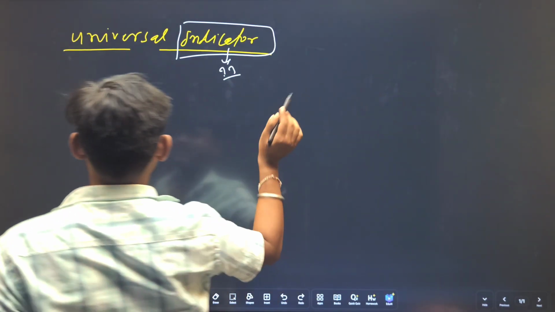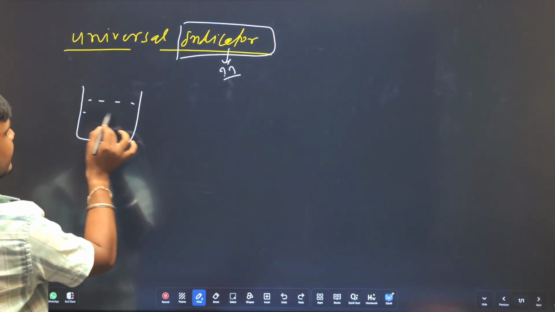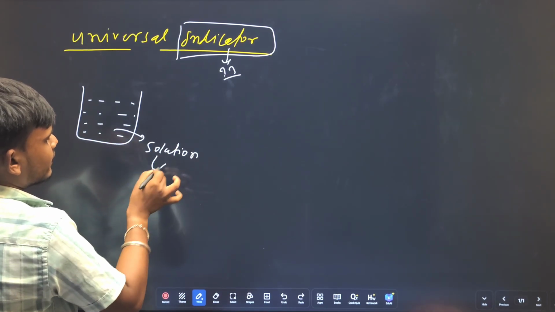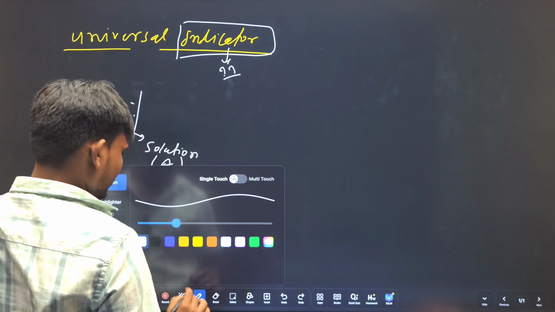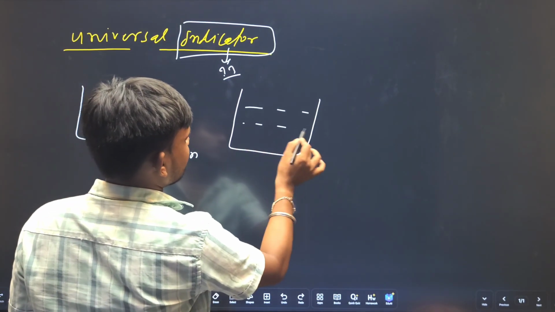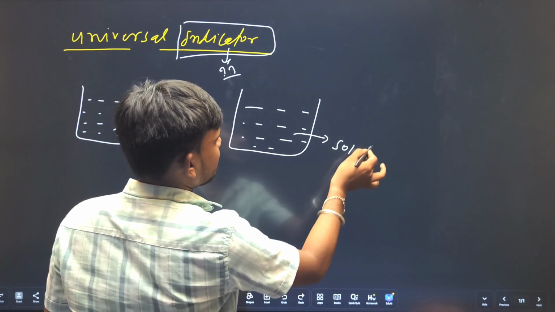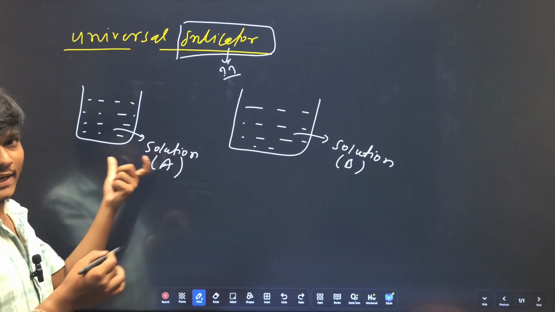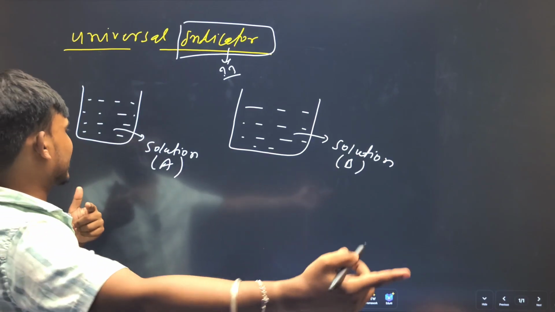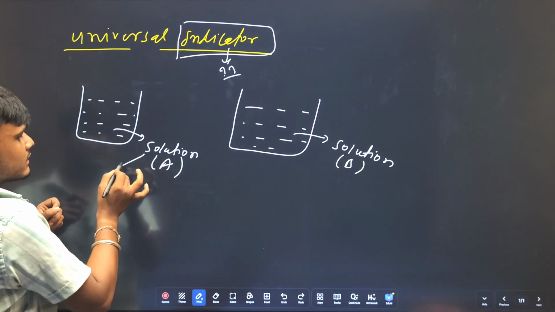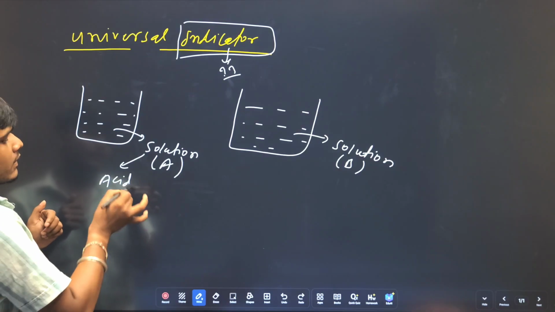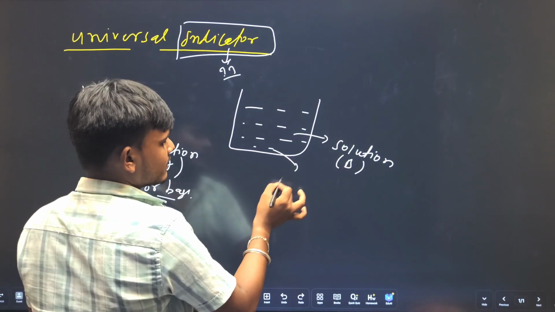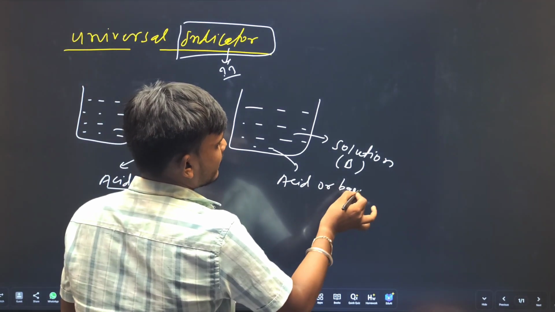First of all, I have a question for you guys. I have a beaker, and this beaker contains a solution named A. In the second beaker, I also have a solution, and this solution is B. Suppose each solution can be either acid or base.